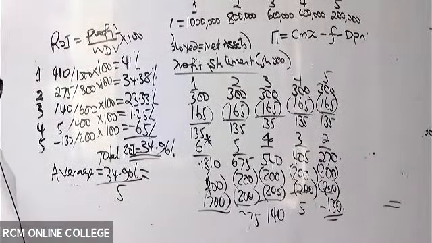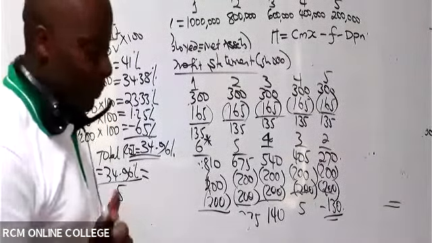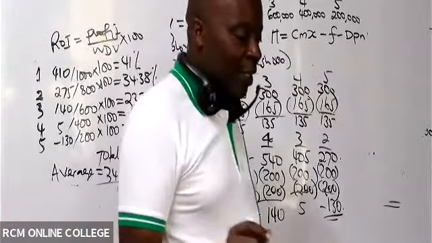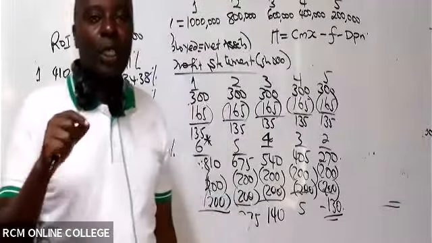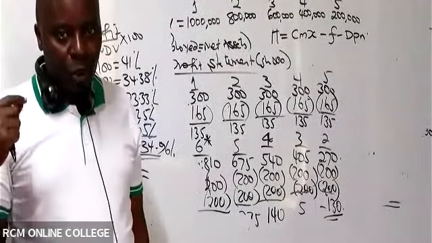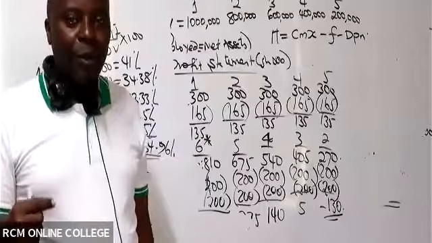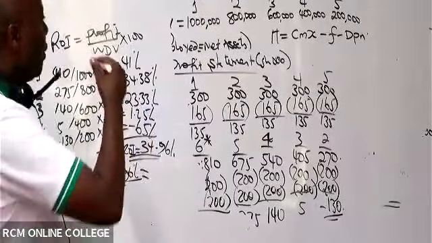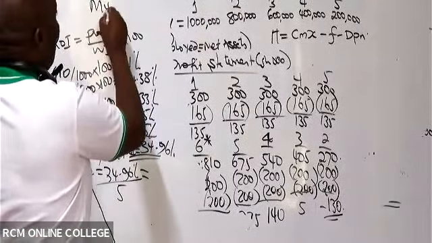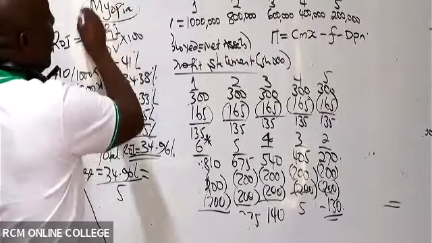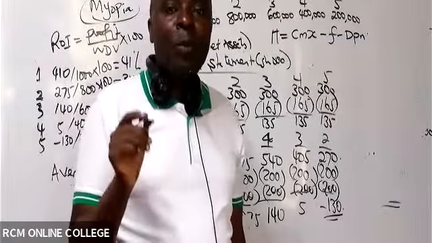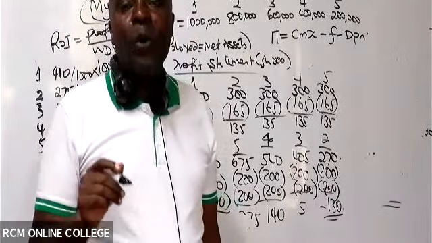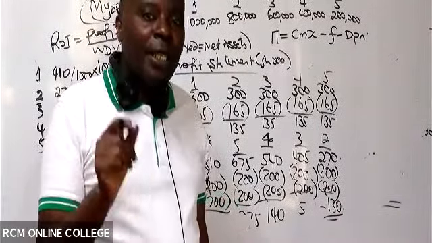This ROI and residual income suffer from some disadvantages. The first disadvantage is that they encourage short-termism, what we call myopia in management. Managers think of short-term profits and objectives, so they want to grow only this year's profit.